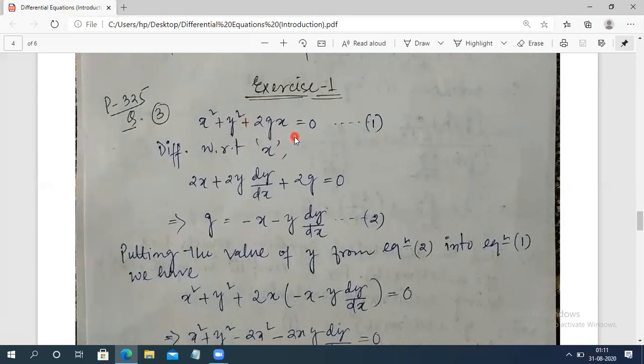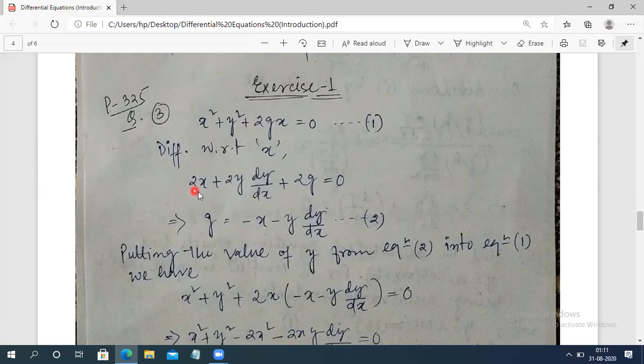Now you have to form the differential equation of this equation x square plus y square plus 2gx equal to 0. First you check how many arbitrary constants are present in the solution. There is only one arbitrary constant, and that is g. So you have to differentiate it once. First differentiate it with respect to x.